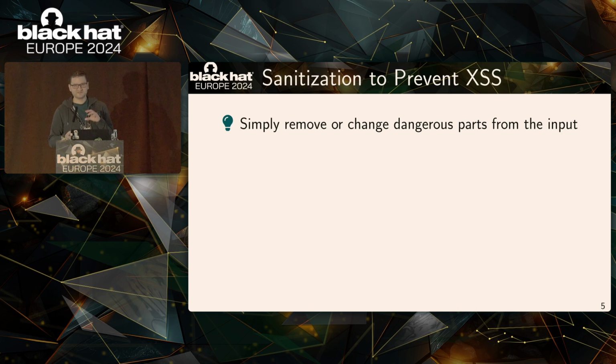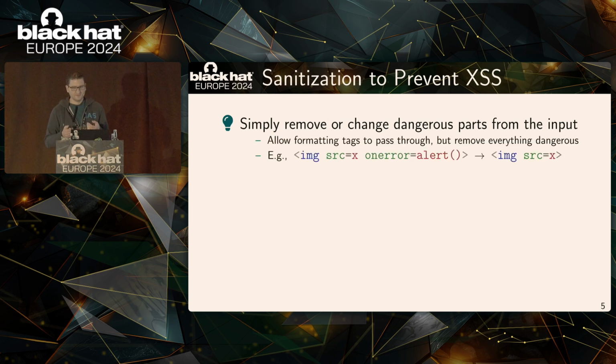And the core idea of the sanitizer is super simple. You simply remove or change dangerous parts of the inputs. For example, you want to allow a tag which makes text bold, or emphasizes stuff. This should be passed through.